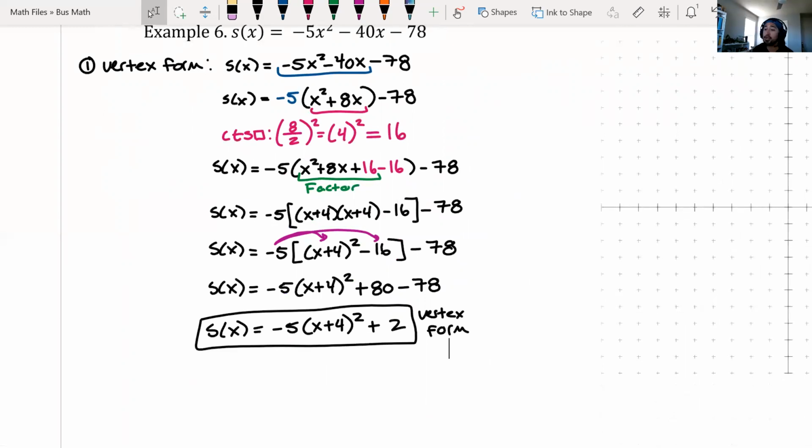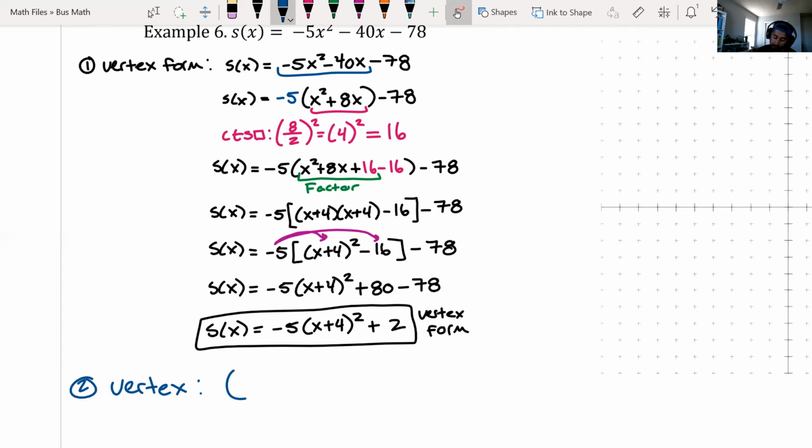So now, if you have your vertex form, everything else should come easy. Which means 2, what's my vertex going to be? What's the h value here? -4.